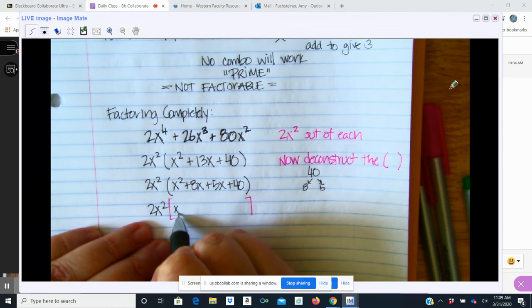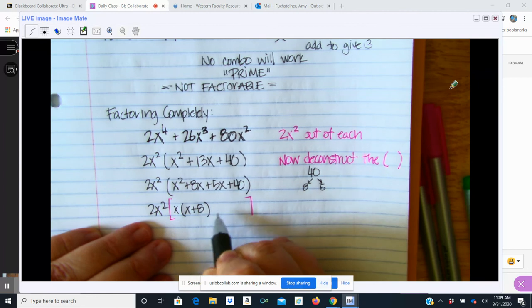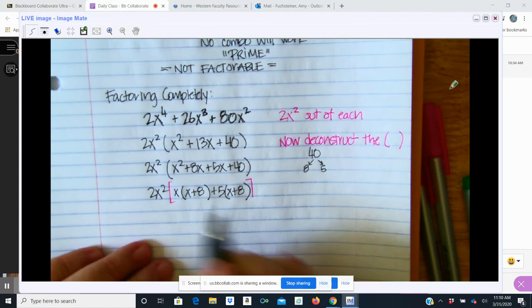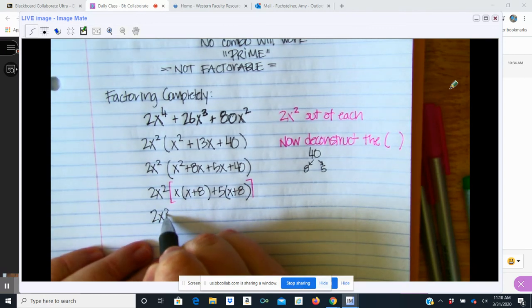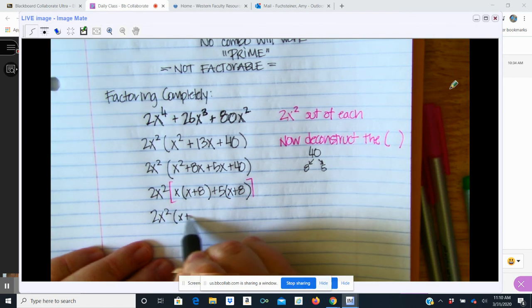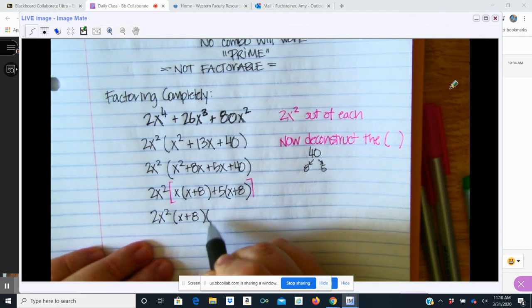I can pull an x out, leaving me an x plus 8. And then I can pull a 5 out, leaving an x plus 8. The x plus 8 I pull first, and then an x plus 5.